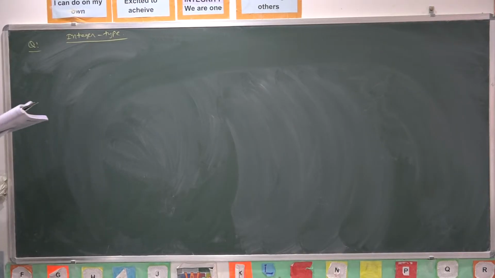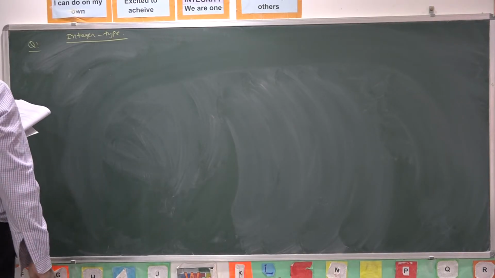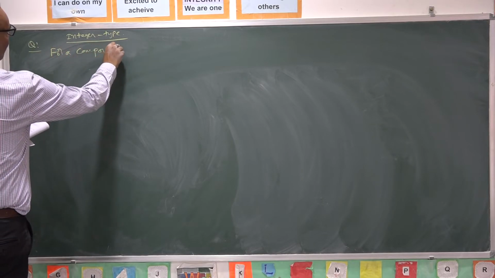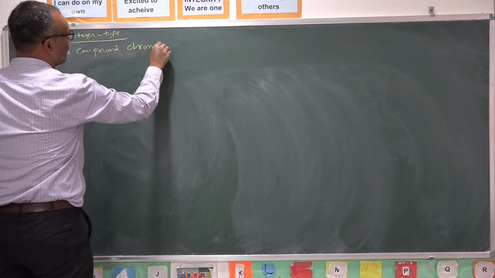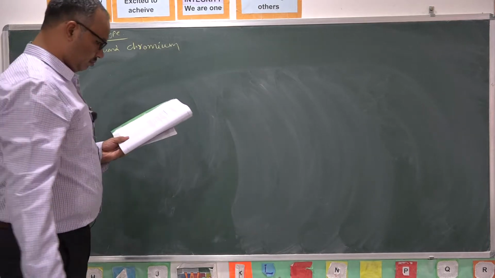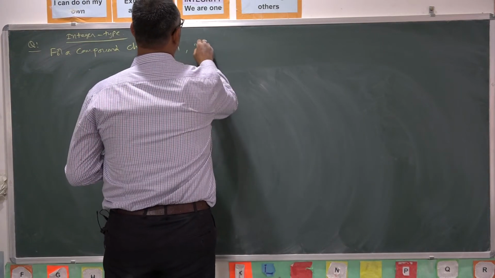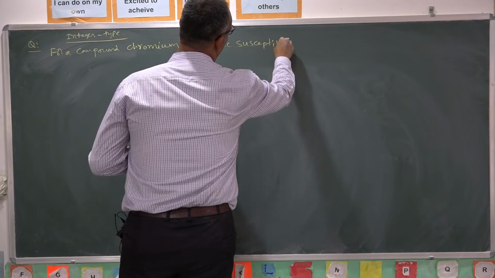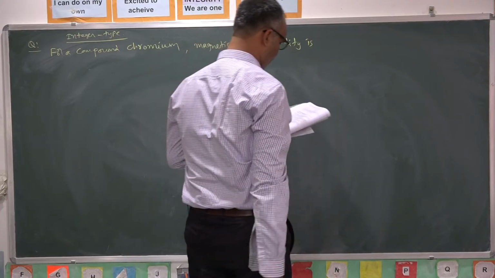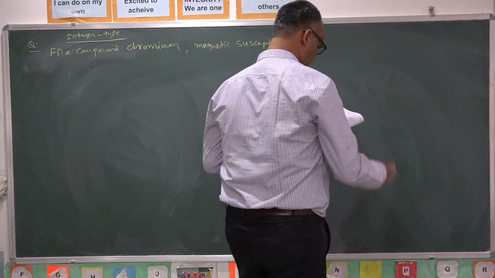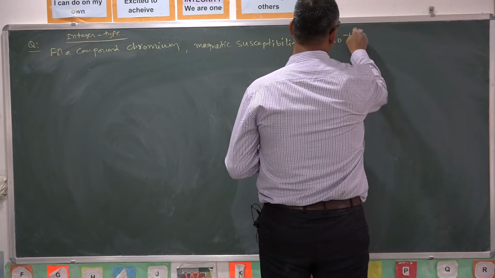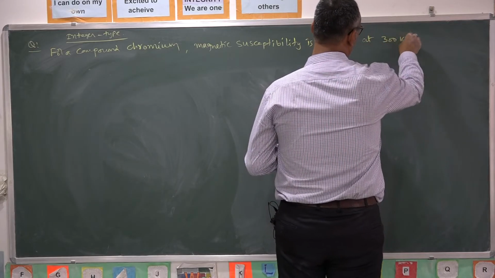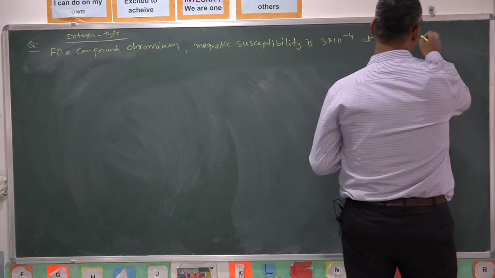As per the question, for a compound chromium, magnetic susceptibility is 3 into 10 power minus 4 at 300 Kelvin temperature.